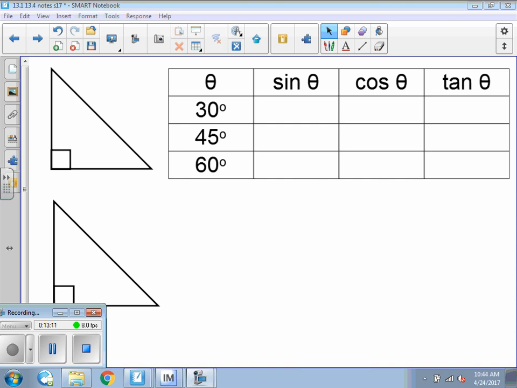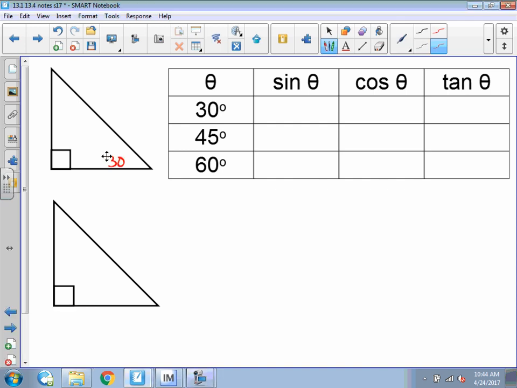Okay, 30 degrees. Here's my triangle. We'll say this is 30, which makes this one 60. Just like we did over here, let's put those ratios. 30, 60, 90.